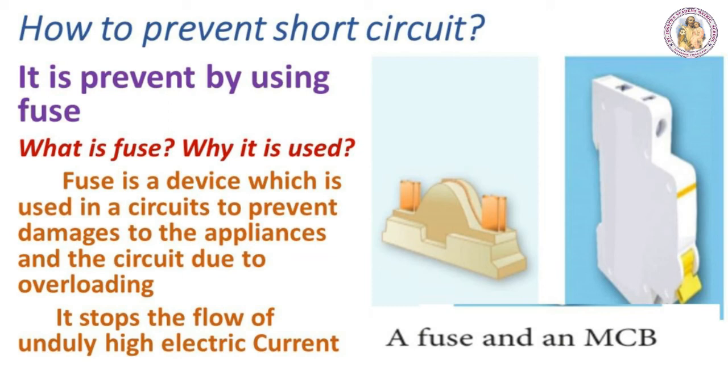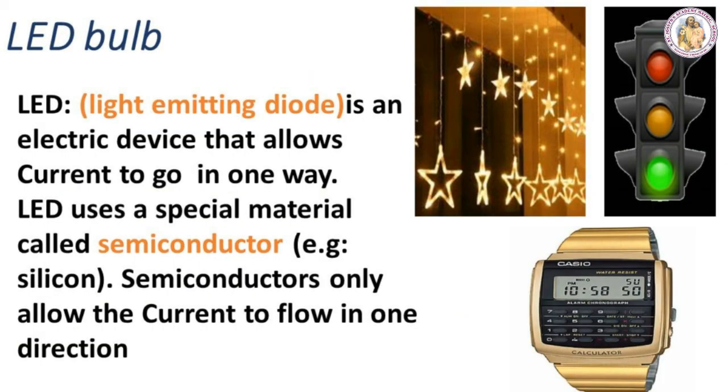MCB is a switching device which can be activated automatically as well as manually. It has a spring attached to the switch which is attracted by an electromagnet when an excess current passes through the circuit.